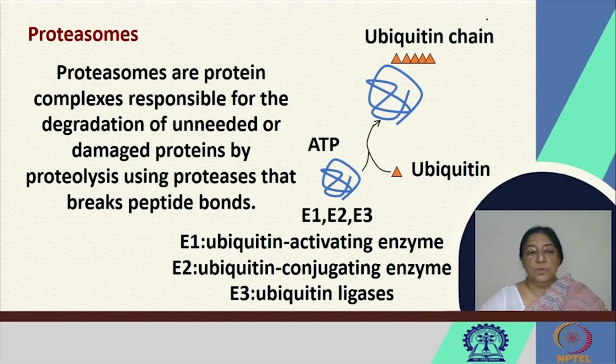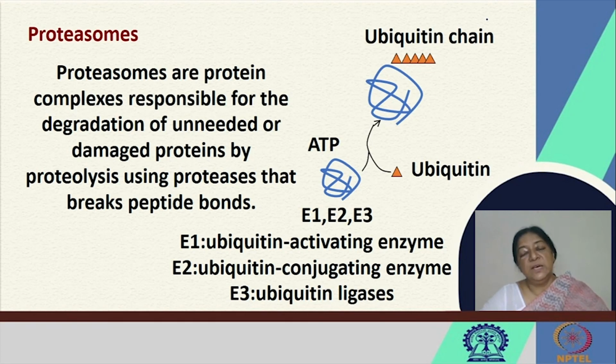The proteasomes are protein complexes that are responsible for the degradation of unneeded or damaged proteins. So once a protein is recognized as being damaged, there is a proteasome pathway that would result in the fragmentation of this polypeptide chain.